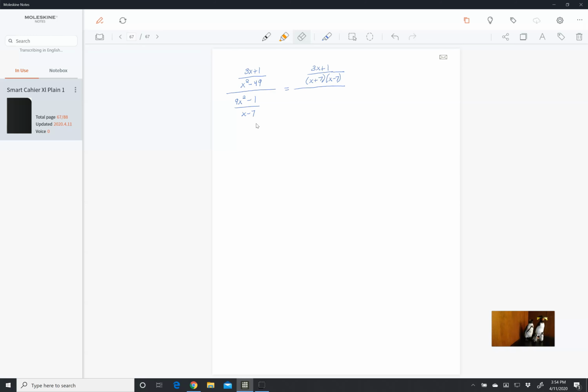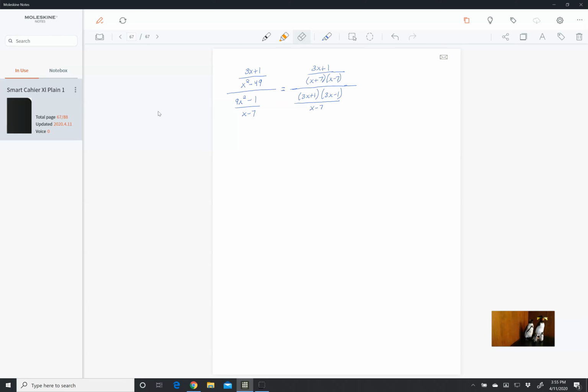Now 9x squared minus 1 is also a difference of squares, so that can also be factored as 3x plus 1 times 3x minus 1, over x minus 7. And this middle fraction bar, I like to just make a little bit longer so that it's really clear what the different fractions are. So just be aware of that. In fact, I'm even going to move this equal sign over a little bit.